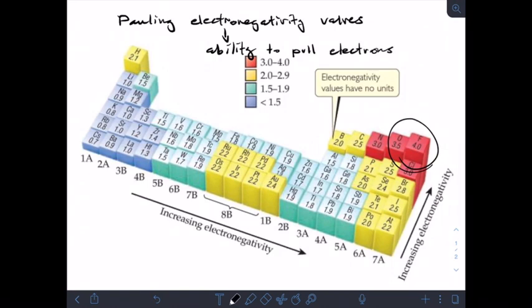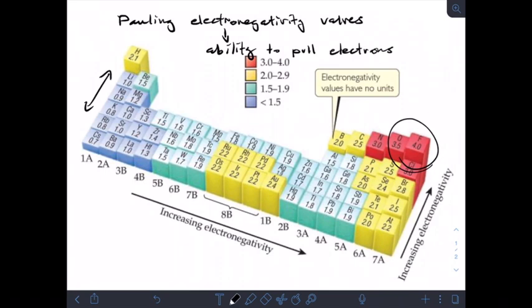Okay, so depending on where you are in the periodic table, you have a greater or lesser ability to pull electrons toward you, okay, to anthropomorphize this thing a little bit. But what we see is that our metals, especially these guys over here on the left-hand side of the table, have very, very low electronegativity values, okay?